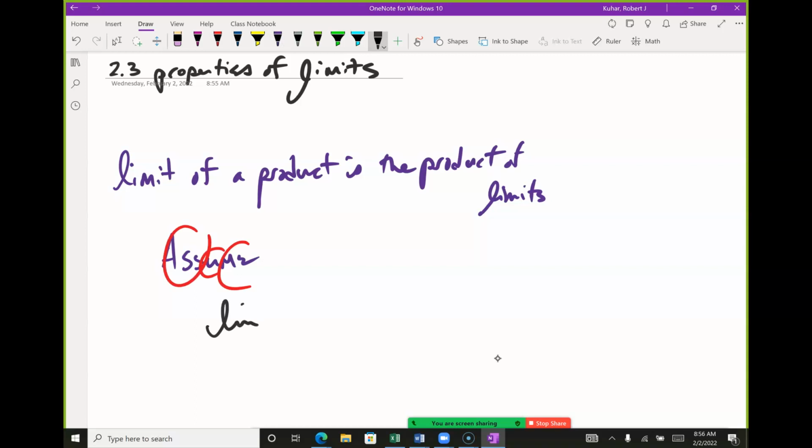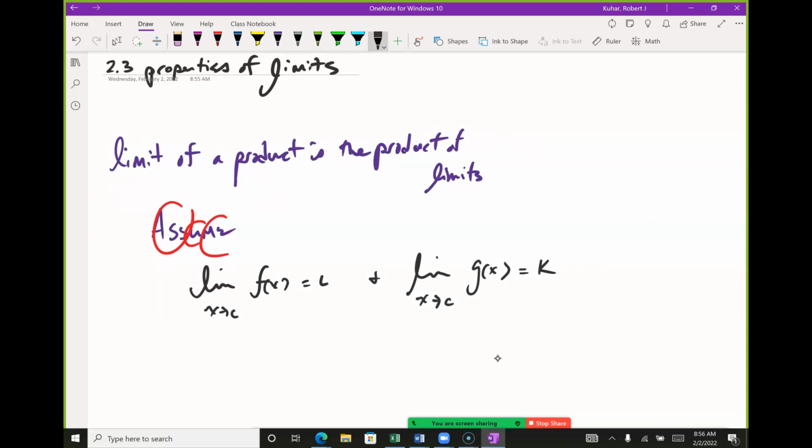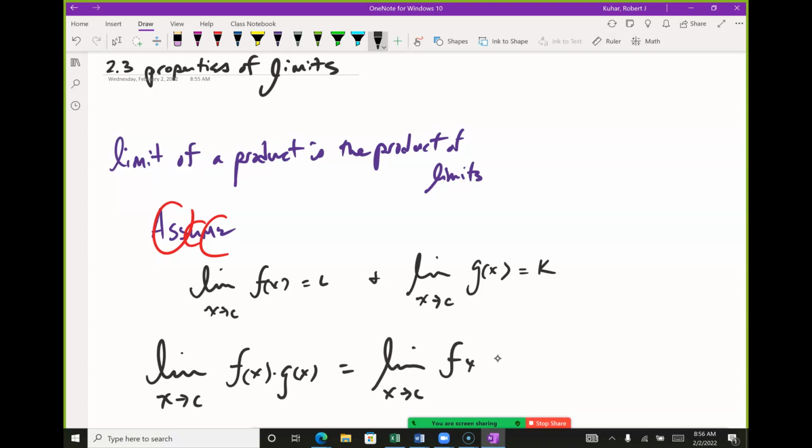Assume that the limit of f of x as x goes to c is L, and the limit of g of x is k, as x goes to c. Then we're saying that the limit of f of x times g of x as x goes to c is the limit as x goes to c of f of x times the limit as x goes to c of g of x equals L times k. That's my theorem.